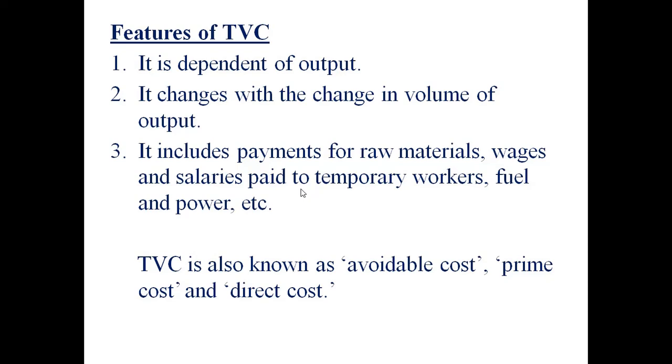So when the supply is made 0, the level of output will also be 0, because there is no demand for such a product in the market. So why produce such a commodity? When there is no production, TVC can be 0, so it can be avoided.